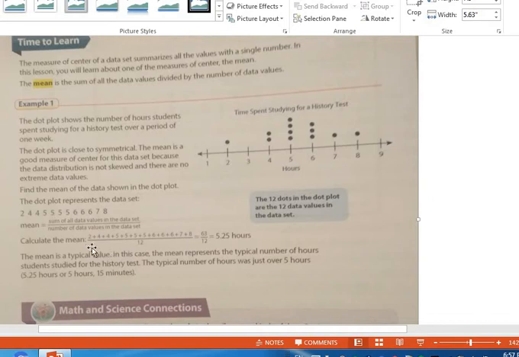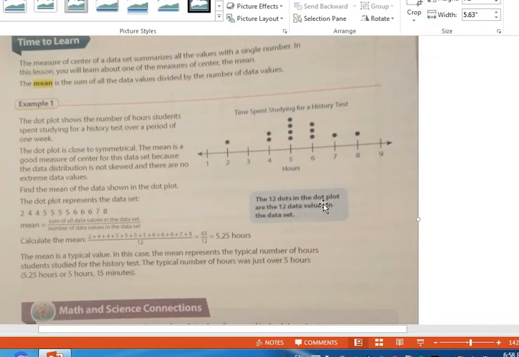So I have 2 plus these numbers, the sum of the data values, over how many are these? 1, 2, 3, 4, 5, 6, 7, 8, 9, 10, 11, 12. So the sum of the values over the number of data values. The mean here will be 5.25 hours.